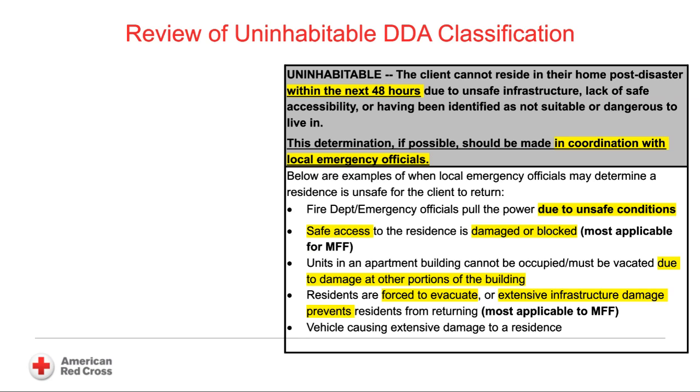To give an example, a multifamily fire with only a few units damaged and classified as destroyed or major, but perhaps the utilities were pulled for the entire building, that could result in uninhabitable being used for the remaining units. Again, this decision should be made with input from the emergency officials and approved by the regional disaster officer.